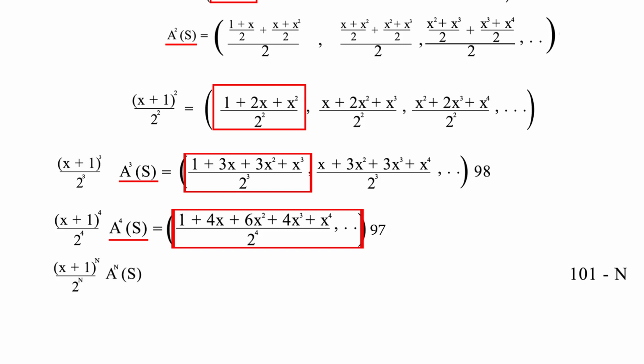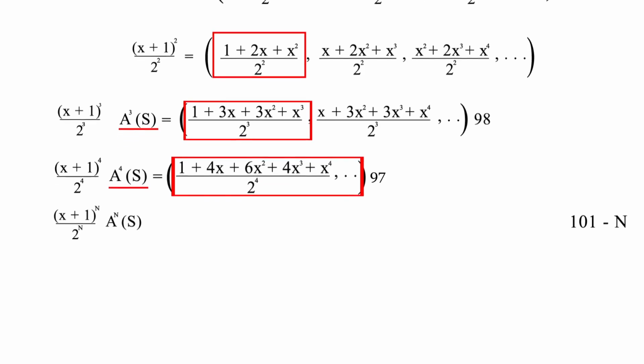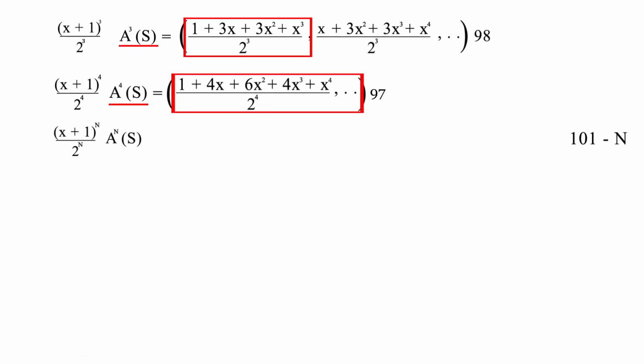Right? It fits. So, we are interested in A100S, if you remember. That is what they were asking us. Okay, well that's going to be x plus 1 to the 100 over 2 to the 100.